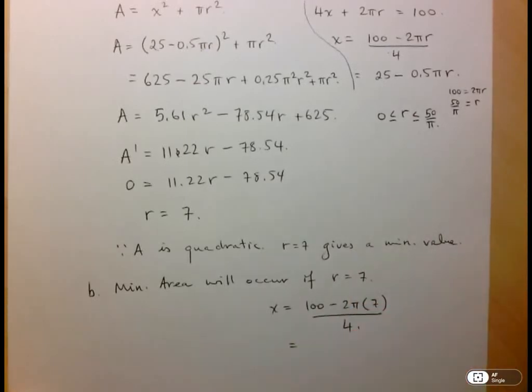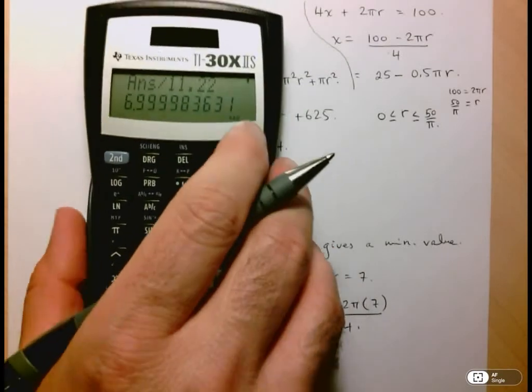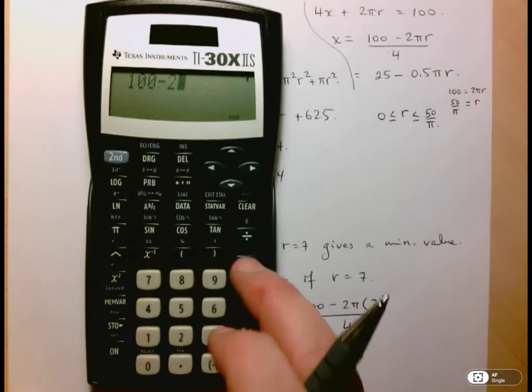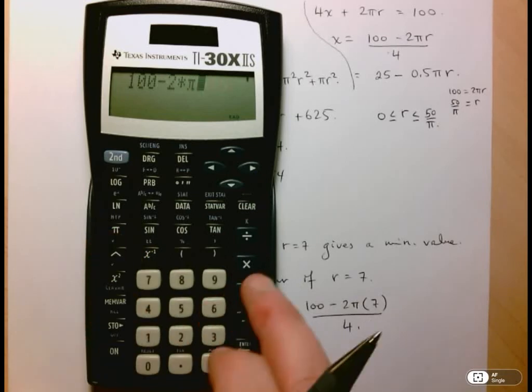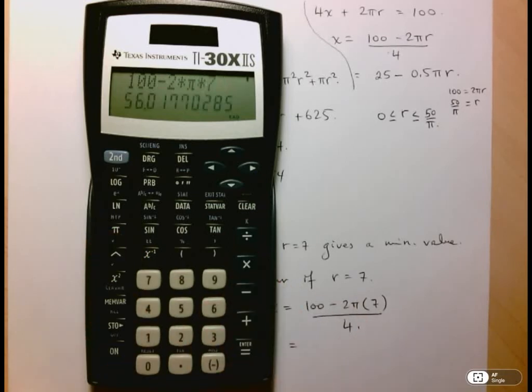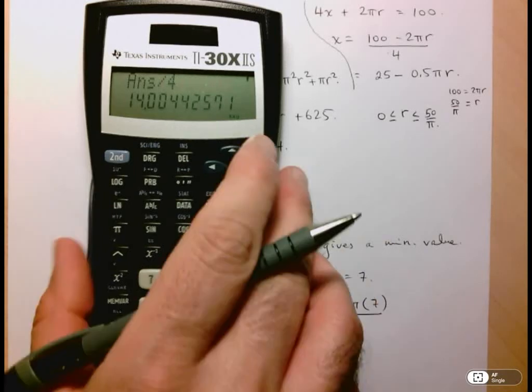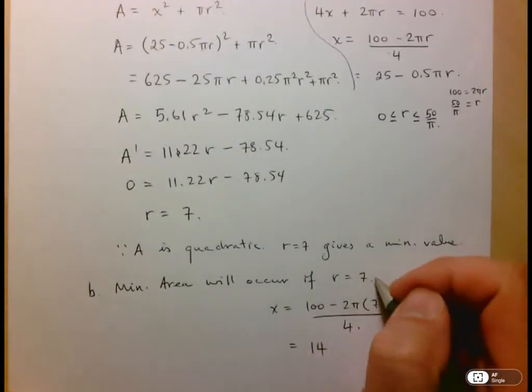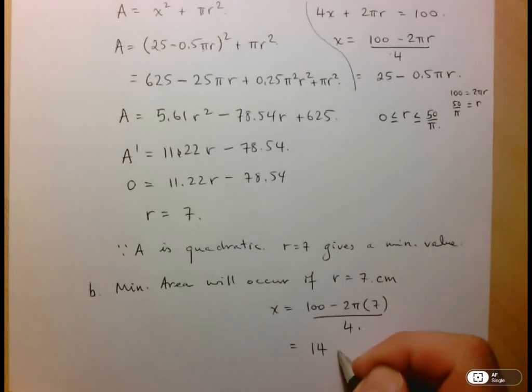And so let's calculate that here. 100 minus 2 times pi times 7, and then divided by 4, and we get 14. So r equals 7 centimeters and x equals 14 centimeters.